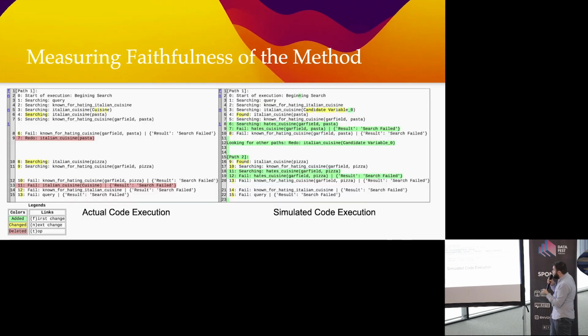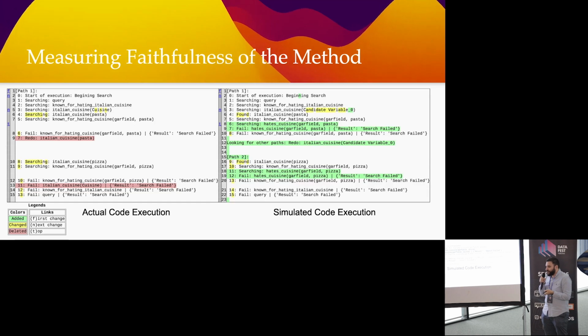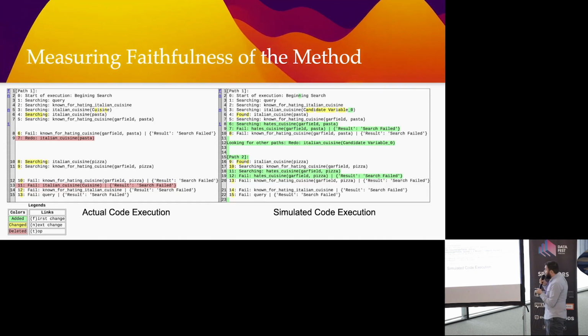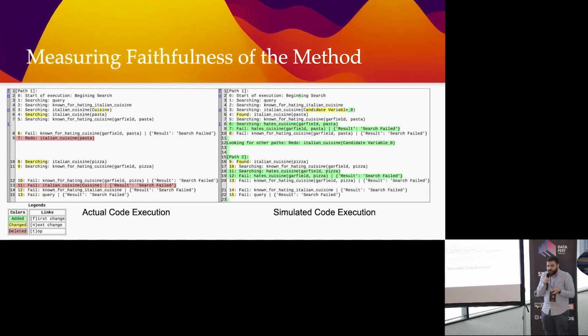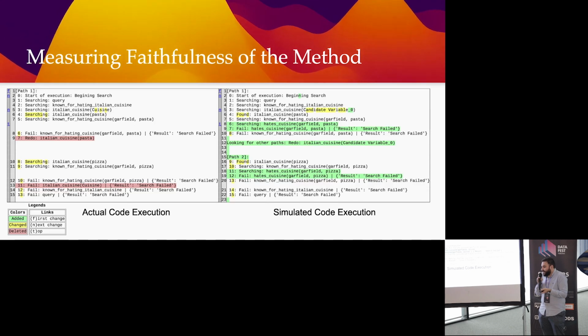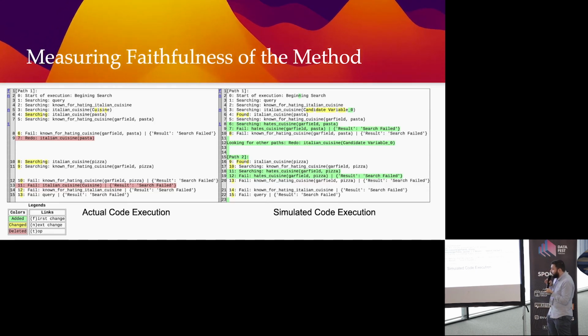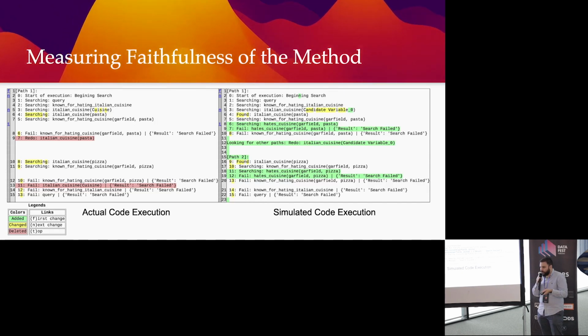So the good part about this is how we measure this faithfulness, because I kind of promised you that we do measure it, but never mentioned how. While some of the code is not runnable, most of the code, like 40 to 50%, is still runnable. That's why we can use that subsample to explicitly generate the path and compare the outputs of each search with each other using ROUGE, BLEU, or your favorite textual comparison.